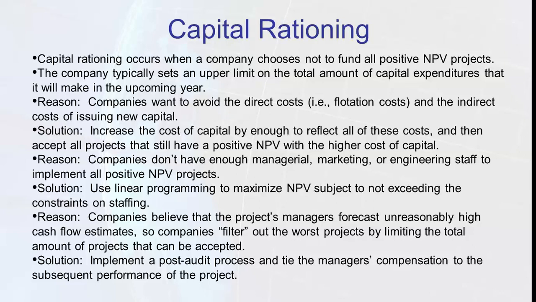Another reason is companies believe that project managers forecast unreasonably high cash flow estimates, so companies filter out the worst projects by limiting the total amount of projects that can be accepted. In that case, implement a post-audit process and tie the manager's compensation to subsequent performance of the project.